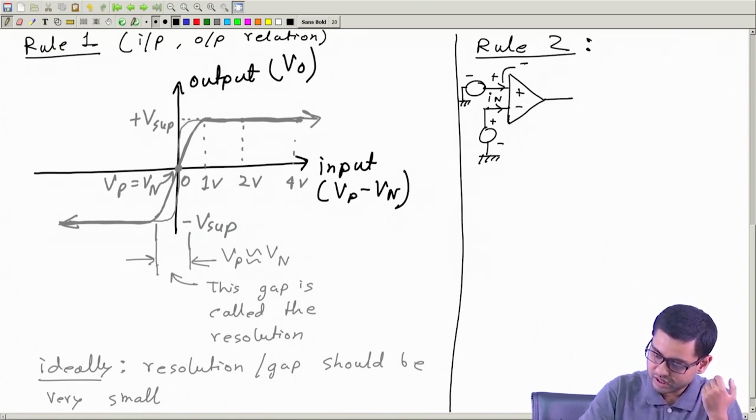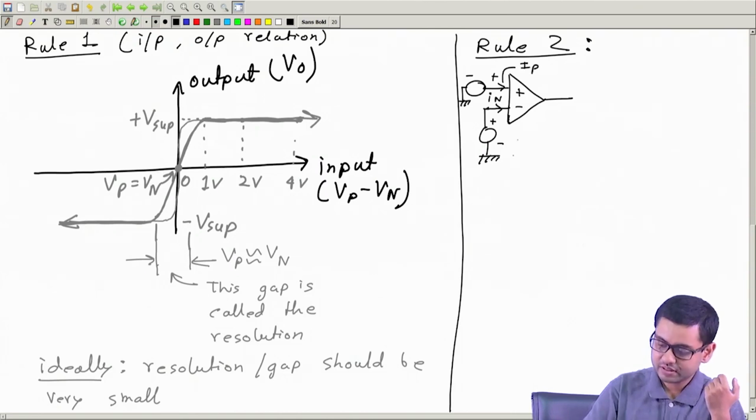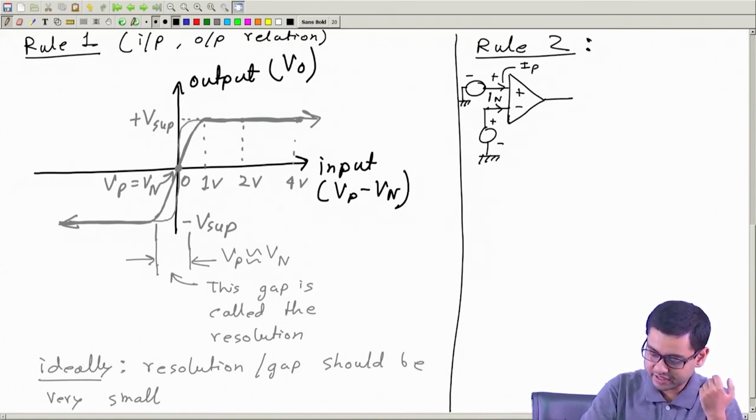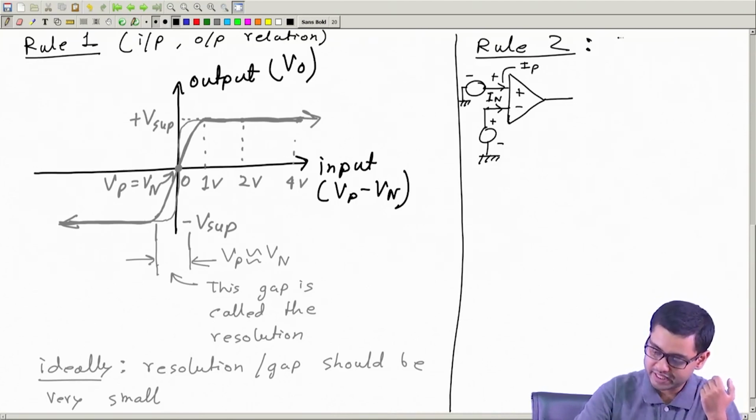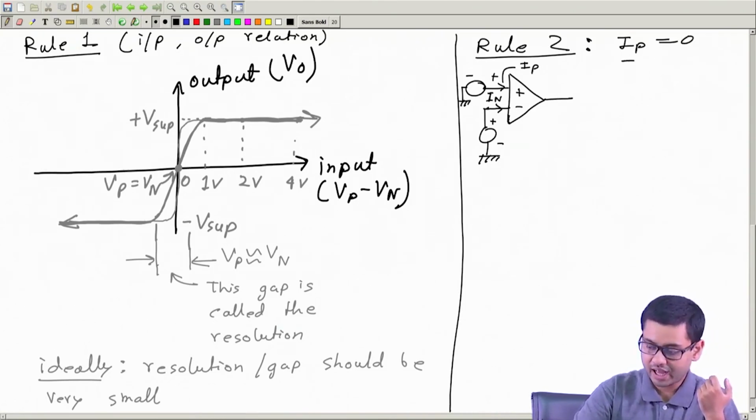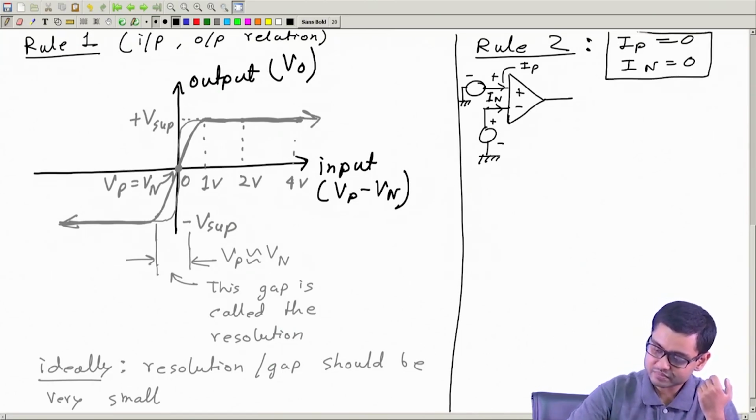and this current, call it IP. The current that goes through the positive input terminal, P for positive, and this current IN through the negative input terminal. Rule 2 says IP is equal to 0 for an ideal op amp, and IN is also equal to 0 for an ideal op amp.